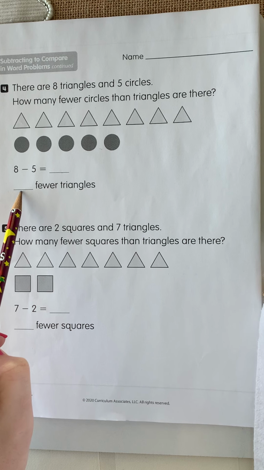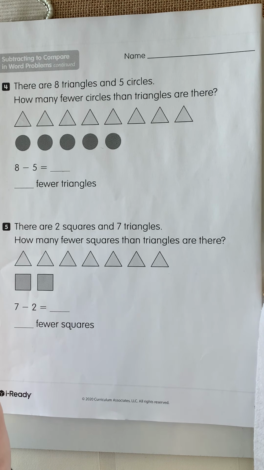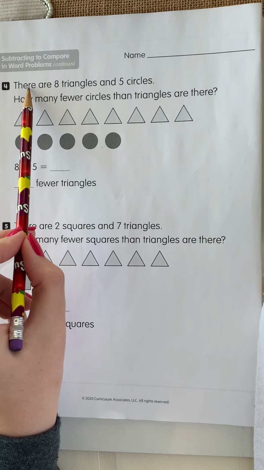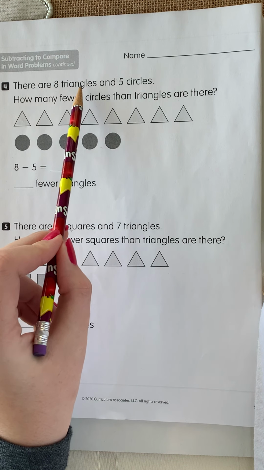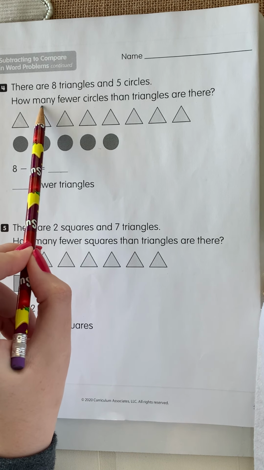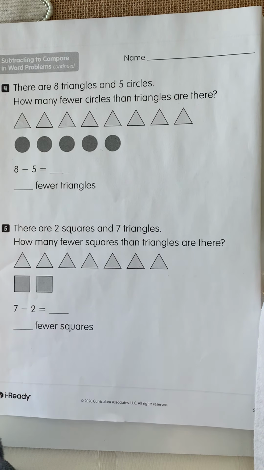And we are given a line to write our answer on. I am going to read the word problem once more through before I begin working and solving it. There are 8 triangles and 5 circles. How many fewer circles than triangles are there?